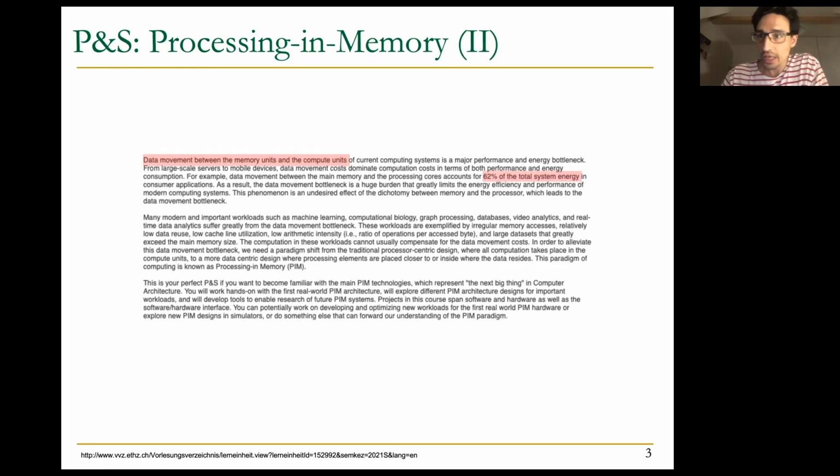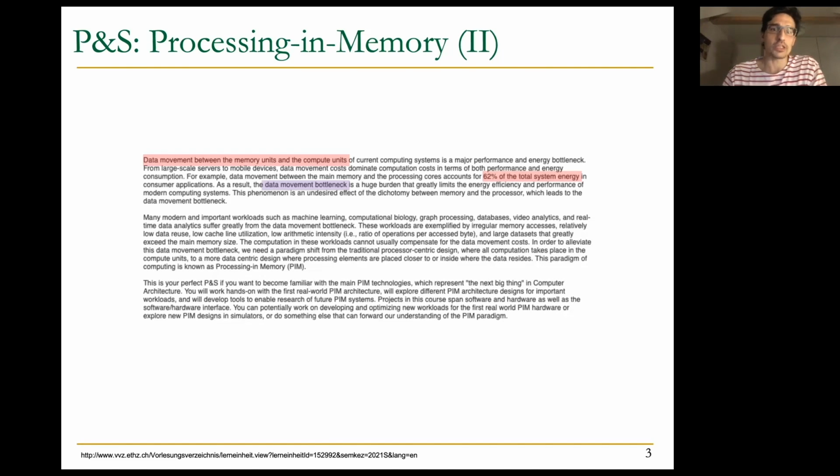According to a study of our group, it's up to 62% of the total system energy just by moving data from here to there and from there to here. So this is what we call the data movement bottleneck, because in the end it is what is burdening the energy consumption and the performance of current computing systems.